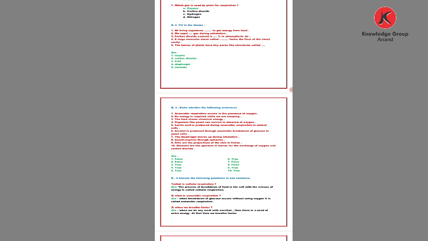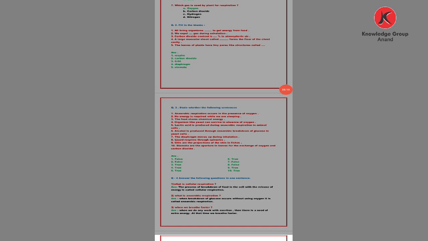It's false. Gills are the projections of the skin in fishes. It's true. Now, 10th one. Stomata are the apertures in leaves for the exchange of oxygen and carbon dioxide.